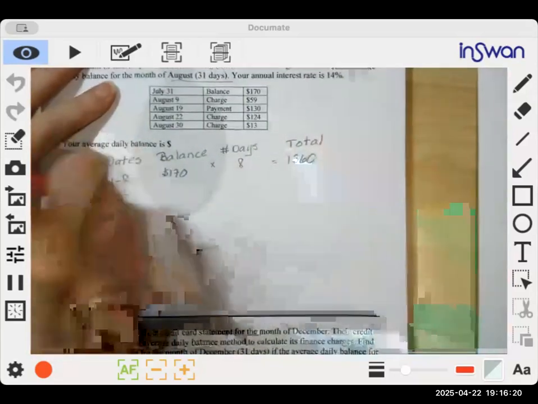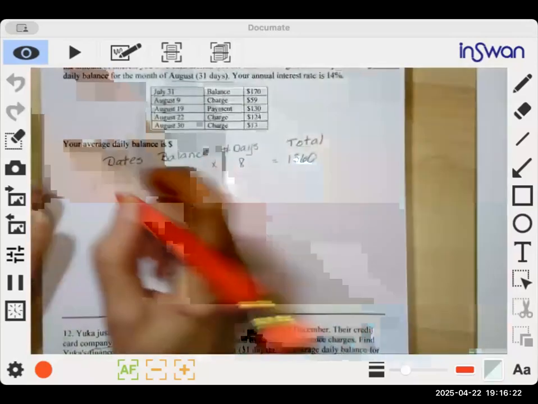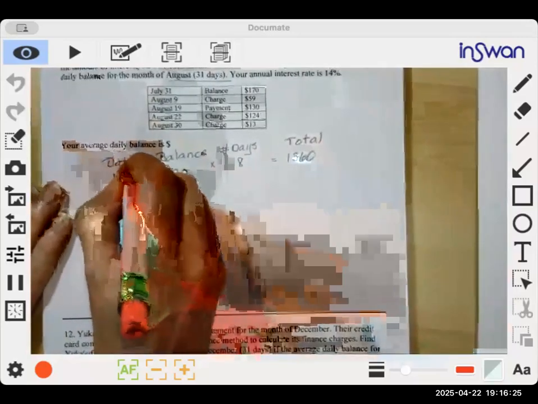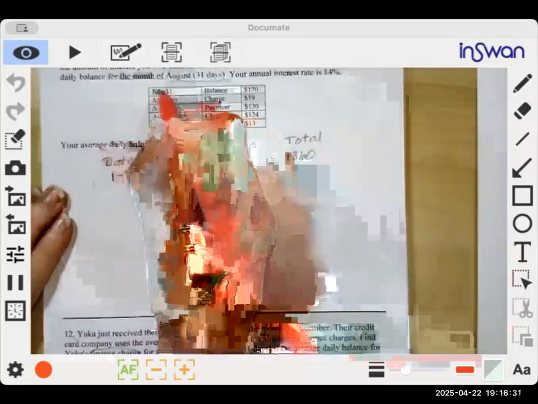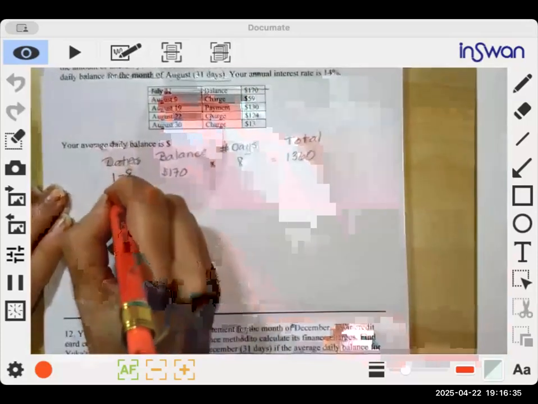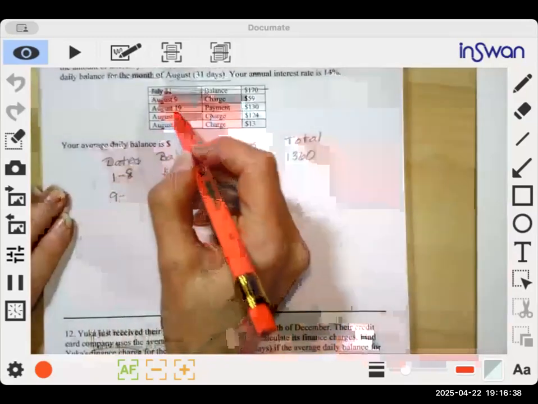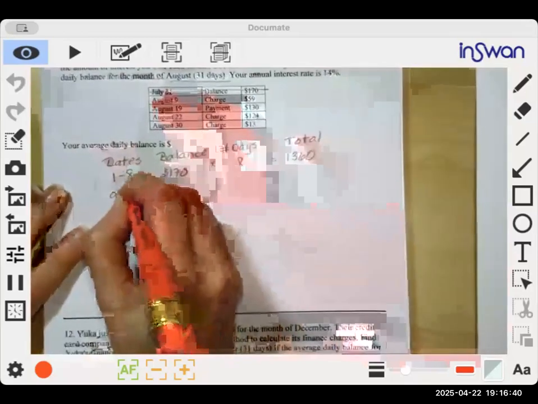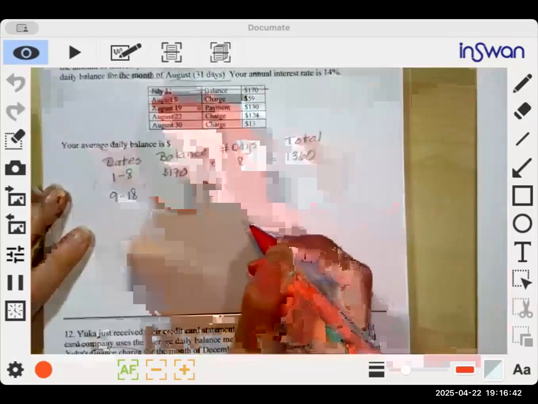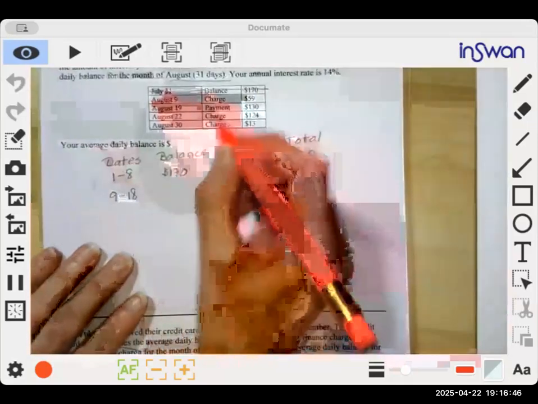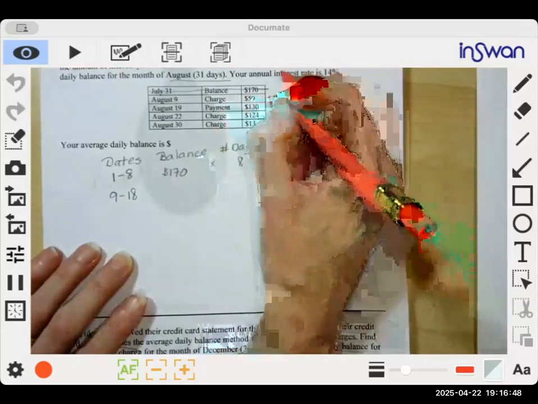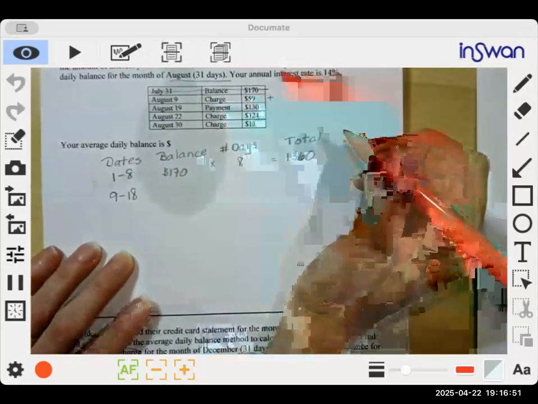Wow, I'm like really off on this one. Okay. So we did our balance. So now we're going from August 9th through one day before this one. So 9th through the 18th. So we're taking our balance and we made a charge. So we're going to add to the amount that we owe.